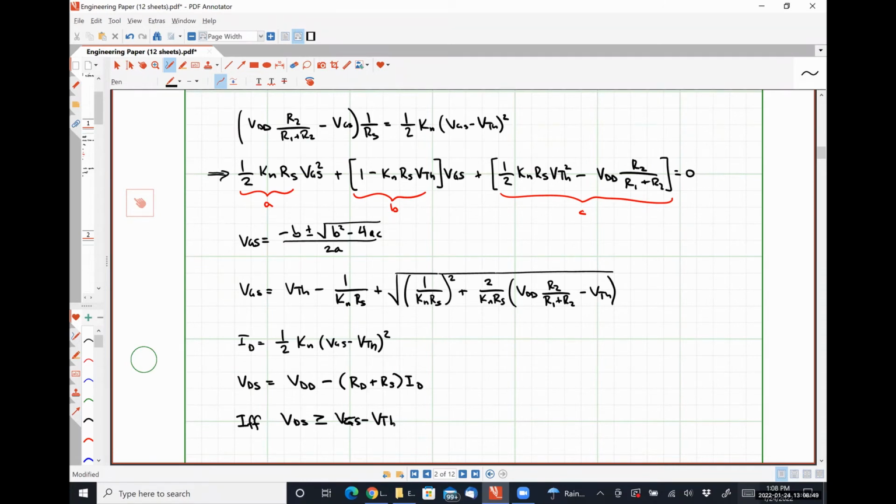So on an exam, a question I might ask you would be like, assuming saturation mode operation, analyze this circuit and tell me whether that assumption was correct, okay? If the assumption was correct, then determine the DC operating point of the device or something like that, okay?